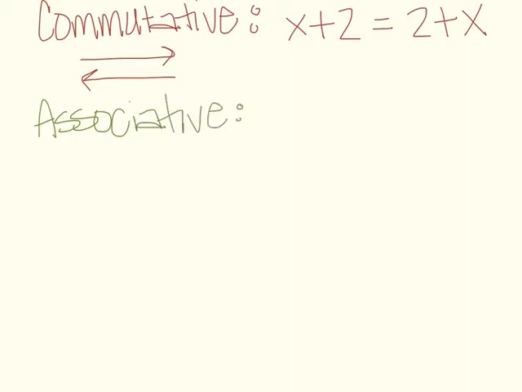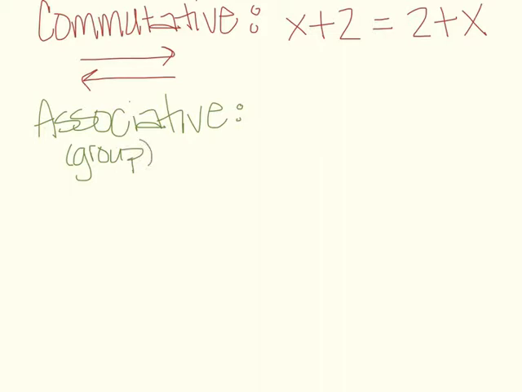The associative property has the root word associate. If you think about people that you associate with at school, typically there's going to be groups of friends or groups of classmates. So associative property allows us to group things in a way that is advantageous for us.